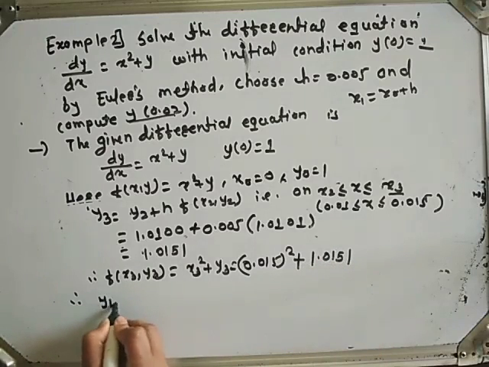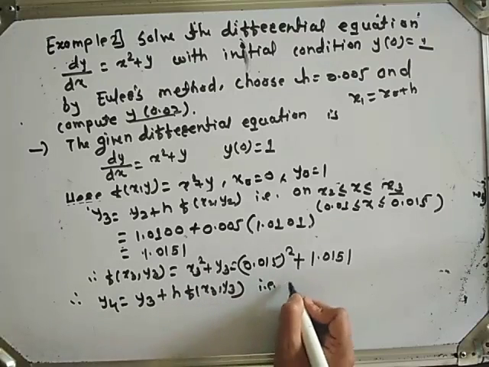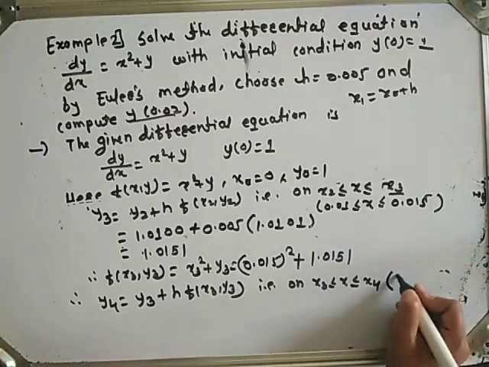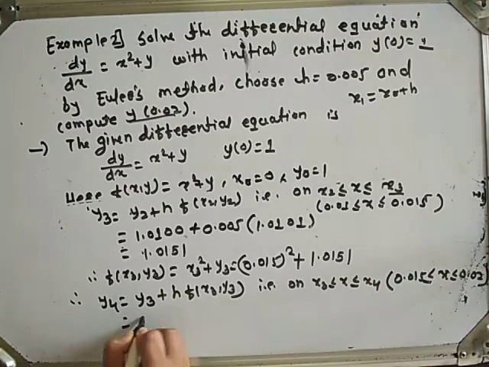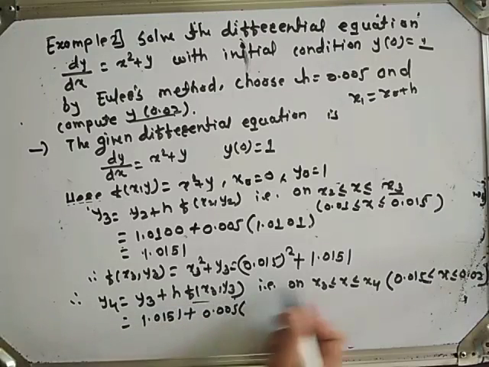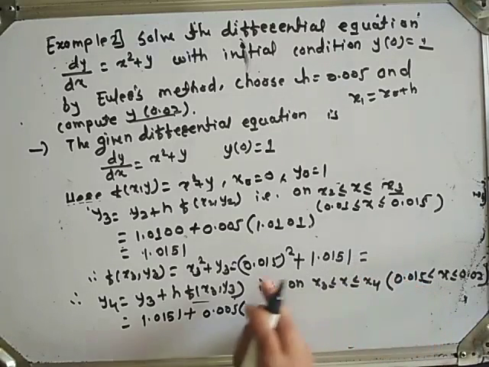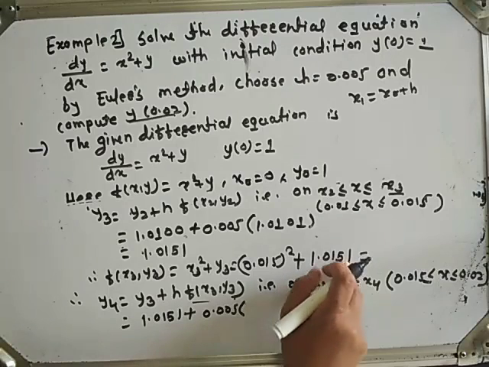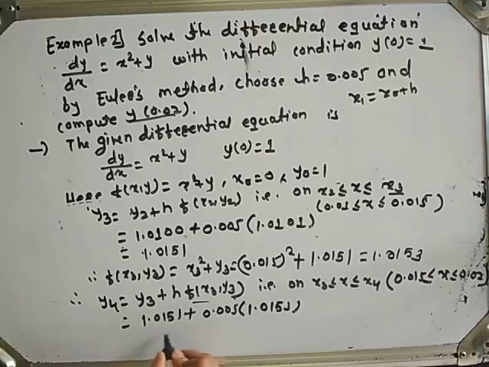Therefore y4 equals y3 plus h into f of x3 comma y3, on x3 less than or equal to x less than or equal to x4. x3 is 0.015, less than or equal to x less than or equal to 0.02. y3 is 1.0151 plus h, 0.005, into f of x3 y3, which is x3 square plus y3, giving 1.0153.